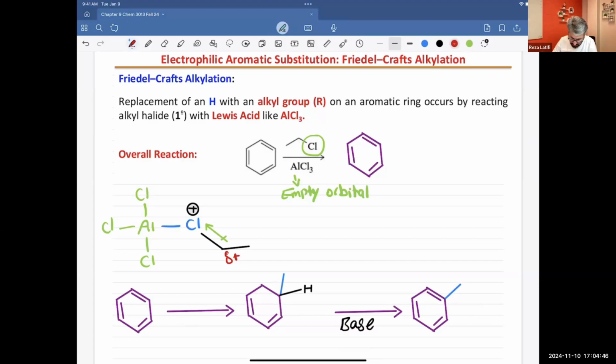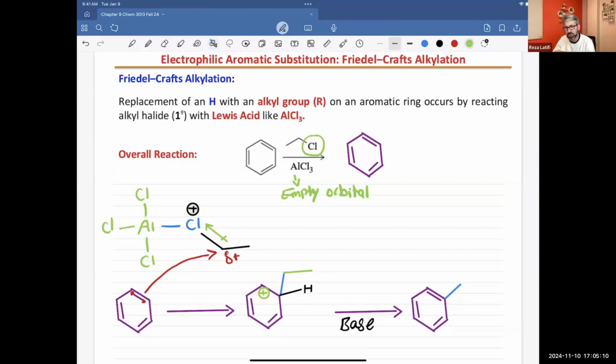Now our ring can share electrons with that carbon, and it will kick the chloride out of the system. Very soon this is going to happen, and we will have the ethyl attached to the ring, but now we have a positive charge, and the positive charge will be on this carbon.